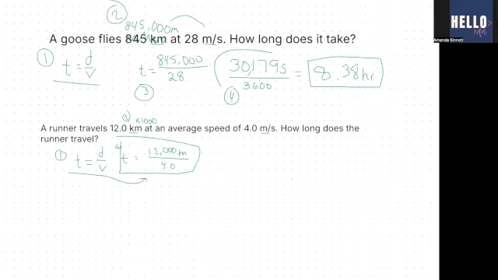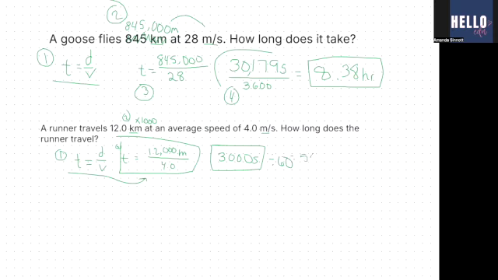So now we just solve and we should get 3,000 what? 3,000 seconds. And we can actually leave this one in seconds because that's the unit from our formula. But if it asks how many minutes or asks us to convert it, we would just divide by 60, and that would get us 50 minutes.